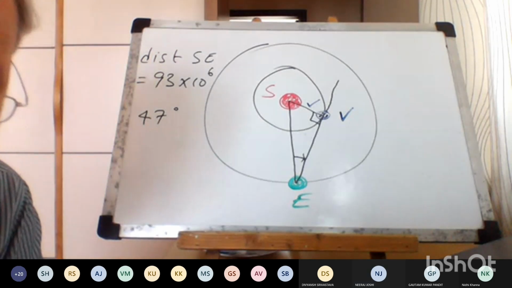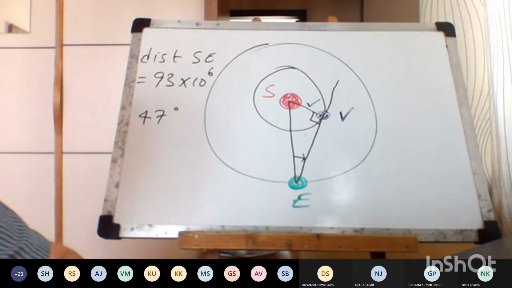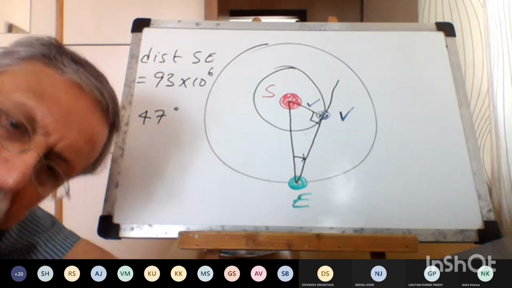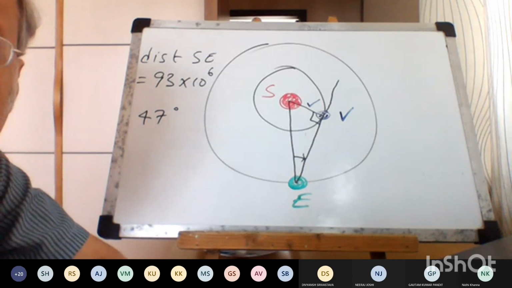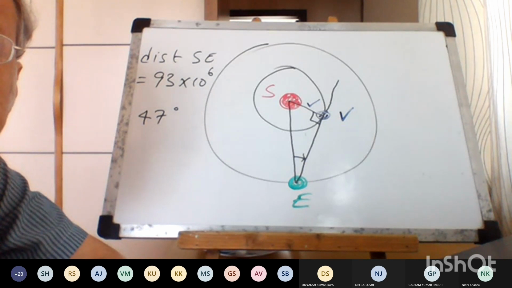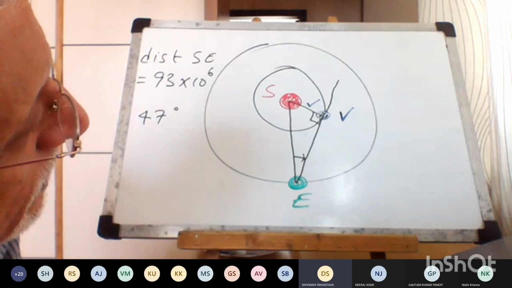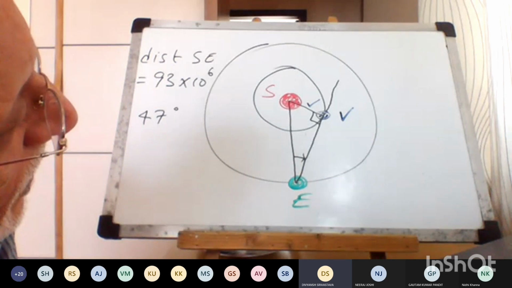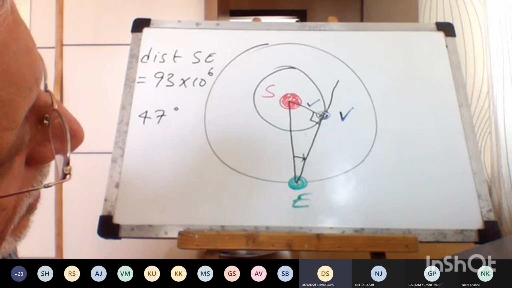And what is the distance between Venus and the Earth? How will you know the distance between Venus and Earth? Cos 47 equal to Venus distance, Earth upon Sun. How will that come out?